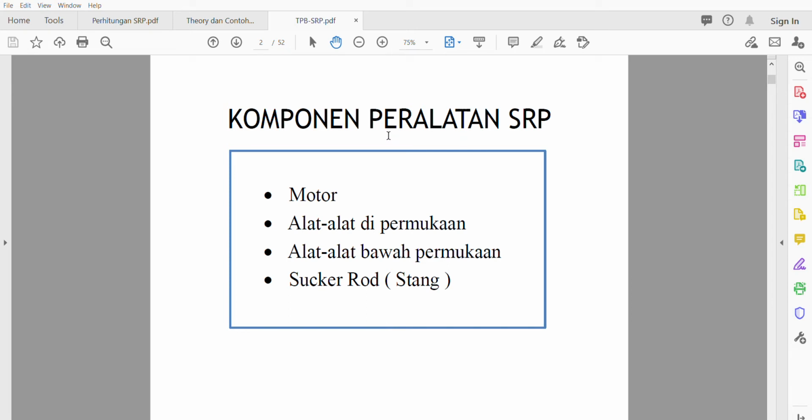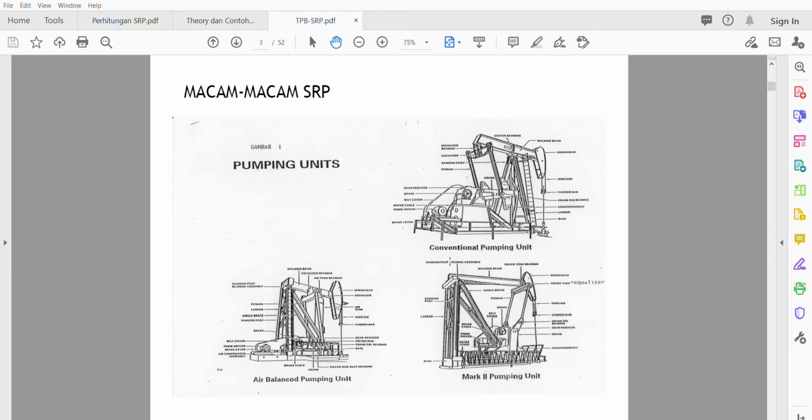And this is the component: everything from surface to bottom. The motor gives energy to the rod at the surface. The second is the surface equipment, then the bottom hole equipment, and then the rod between surface and bottom hole. And then these are the types mentioned previously.